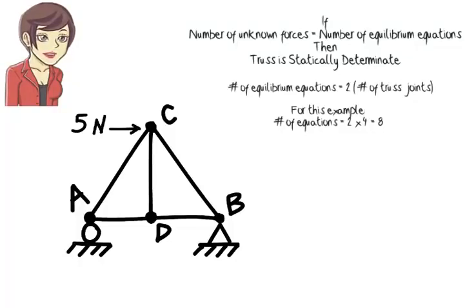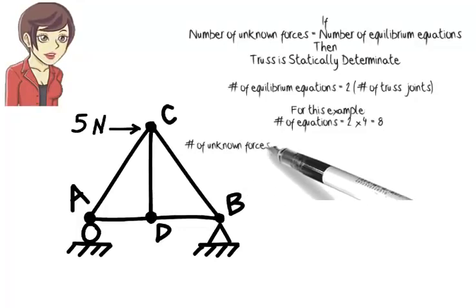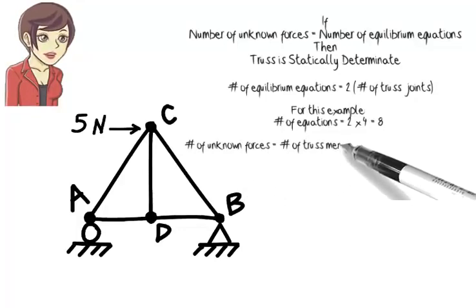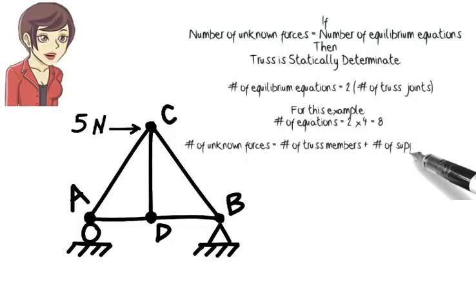But what about the number of unknown forces? The total number of unknown forces in a truss equals the number of its members plus the number of its support reactions. Here, the truss has 5 members. Each member carries an axial force, which needs to be determined.